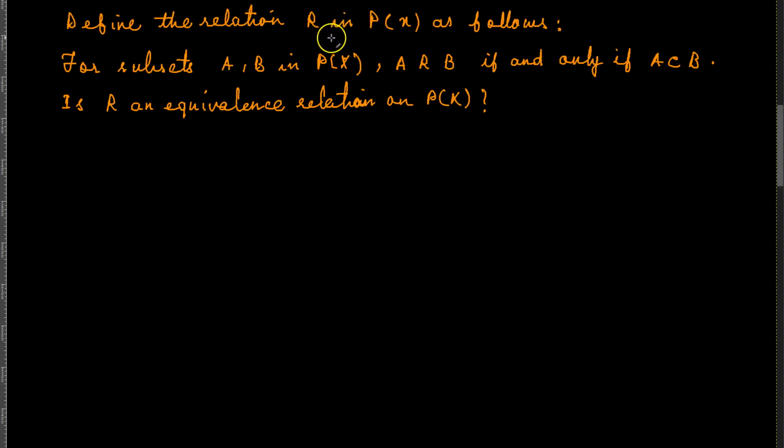So the relation that we have, R in P of X, is basically: for subsets A and B in P of X, A R B if and only if A is a subset of B, meaning that A is related to B.